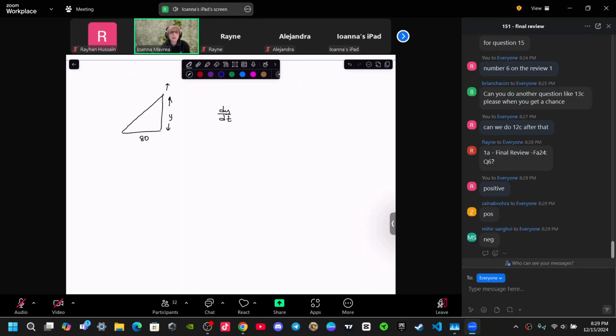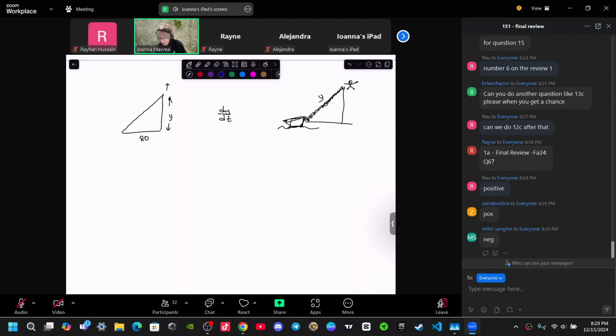Positive, right? If we had the case in the other problem, where somebody, here's you, with huge arms, pulling this rope that has this boat.